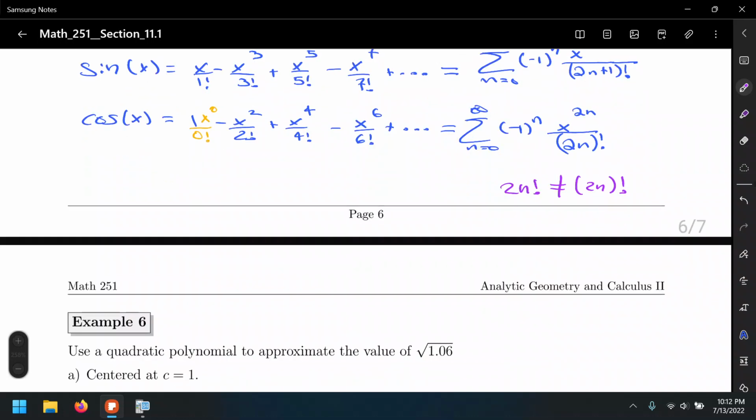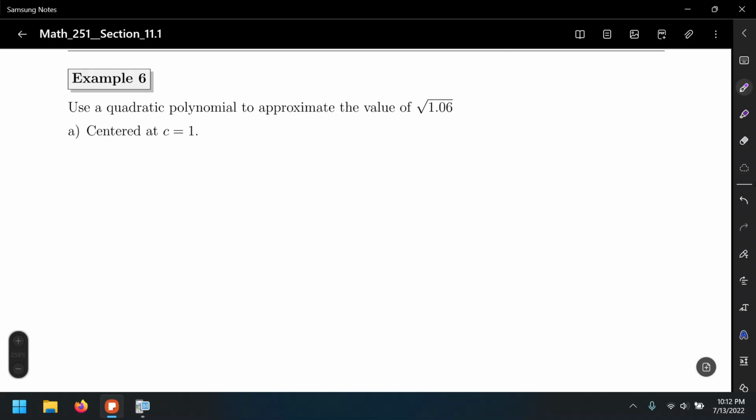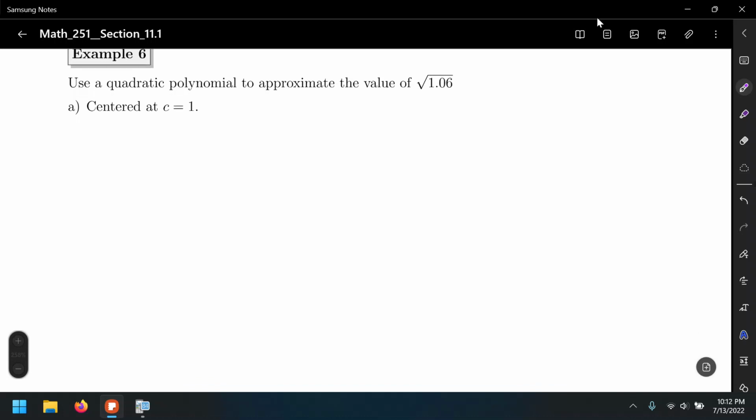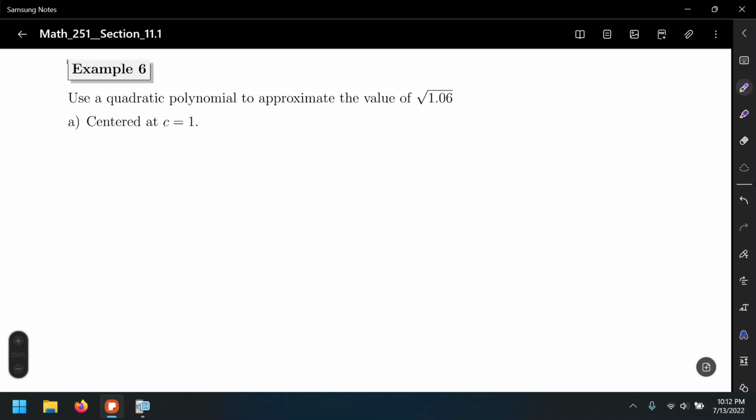Alright, so let's look at example 6. Use a quadratic polynomial to approximate the value of the square root of 1.06. So what do we have here? They're not even telling us what function it is, but it shouldn't be the most impossible task in the world to figure out what the function is.